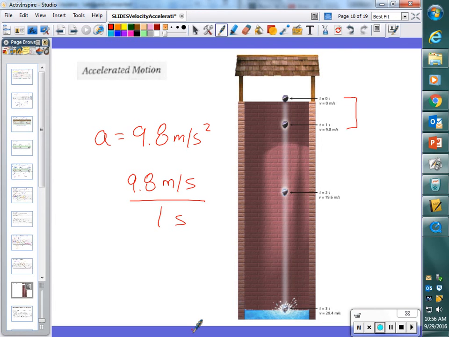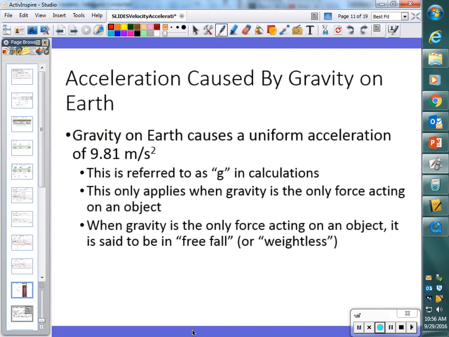Good? That's an important value to us because here on Earth, gravity causes a constant acceleration of 9.81 meters per second squared. The picture says 9.8, I said 9.81. It just depends on what book you read and how we round it. This value is so important to what happens here on Earth that we give it its own designation. We call it lowercase g.